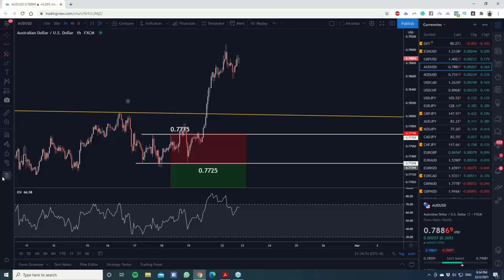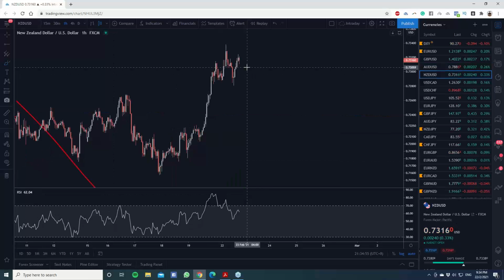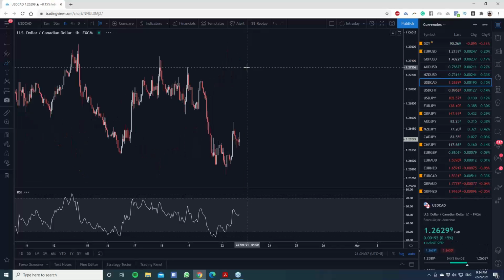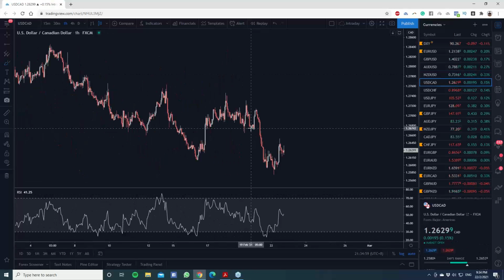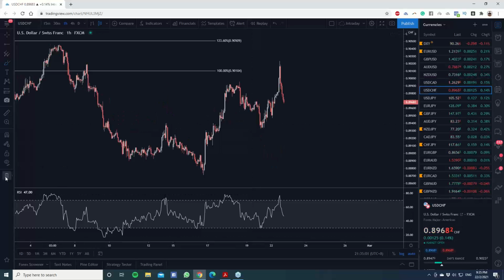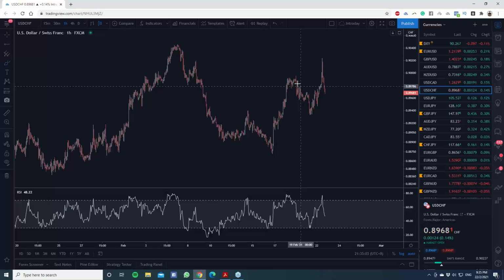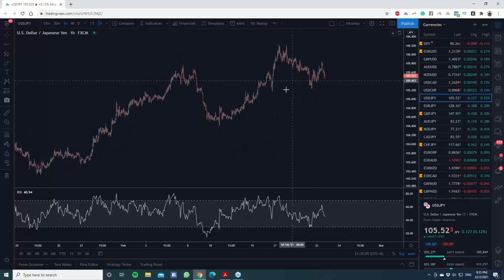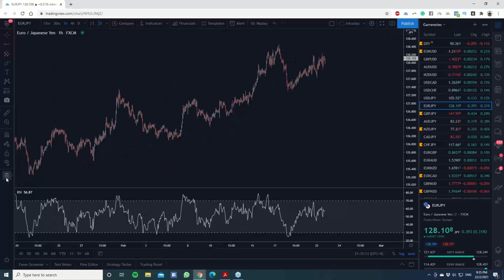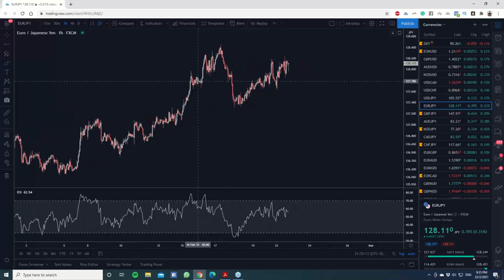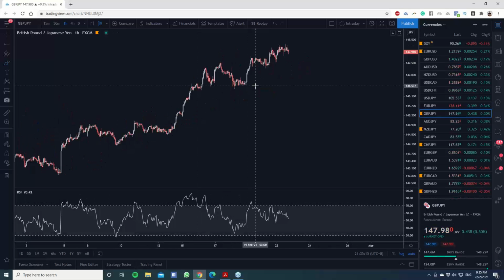Let me see if I can find some hidden divergence. It's usually not easy and not common to identify.